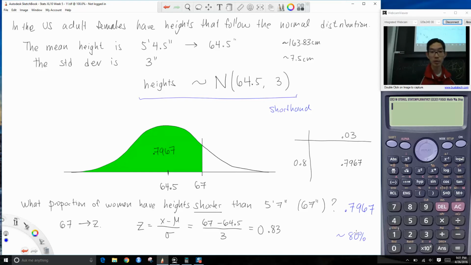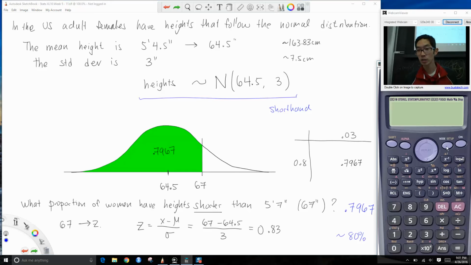So why is this a 3? So here I said the mean height is 64.5 and the standard deviation is 3. Or in shorthand we have 64.5 and 3 right there. Is that okay with everybody? Why? I just made it up.